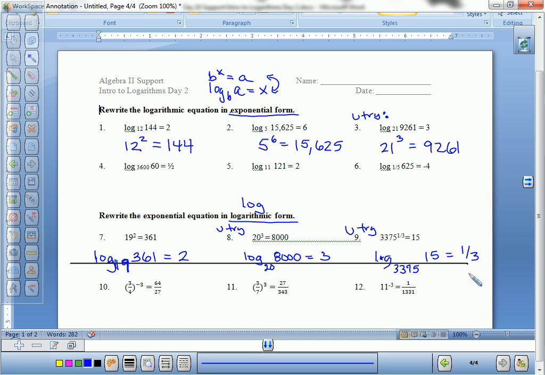What root does an exponent of 1/3 equate to? Cubed root. Very good. So what this means is the cubed root of 3,375 is 15. Okay? All right. I think that's good for today. And then tomorrow we'll work on some solving with logs.